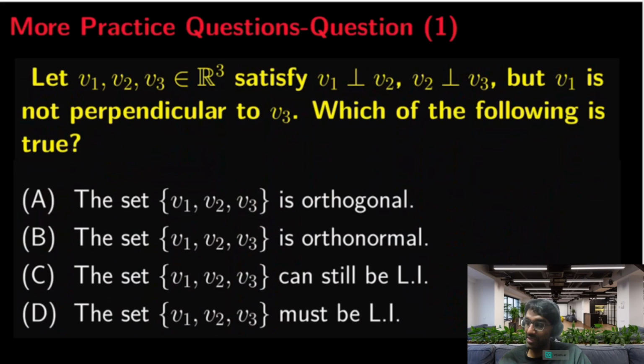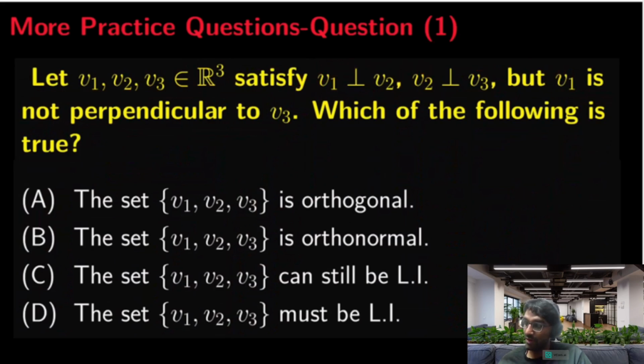So this is the first question. Let V1, V2, V3 belong to R3, and they satisfy that V1 is perpendicular to V2, V2 is perpendicular to V3, but V1 is not perpendicular to V3. So the first two are perpendicular, the last two are perpendicular, but the first is not perpendicular to the last.